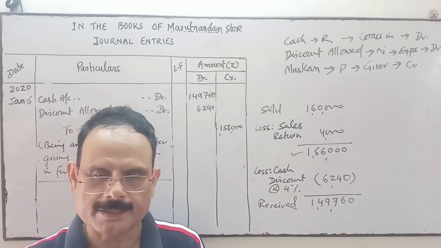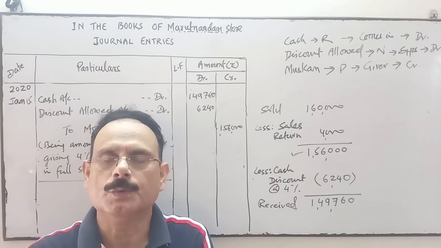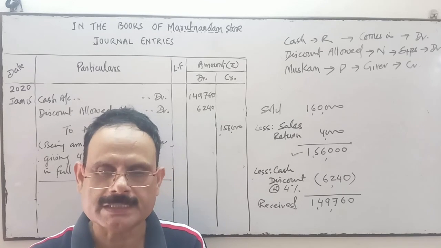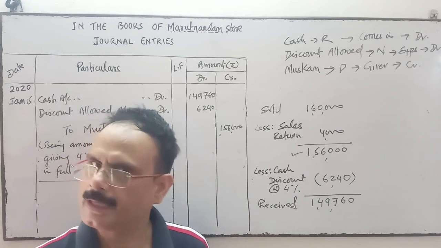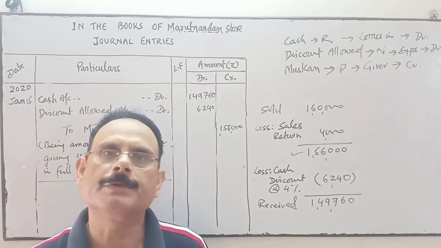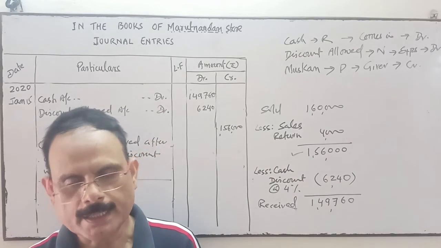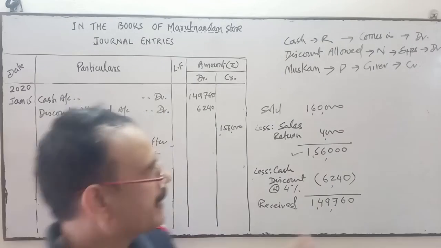So first of all, in any transaction we have to see which account is involved. First of all, we find it out. Thereafter we see the nature of the account, whether it comes under personal, real or nominal. Accordingly, we apply the rules of that particular account for debit and credit. Then we have to decide the amount. If the debit amount is there, then we'll write in the debit column.